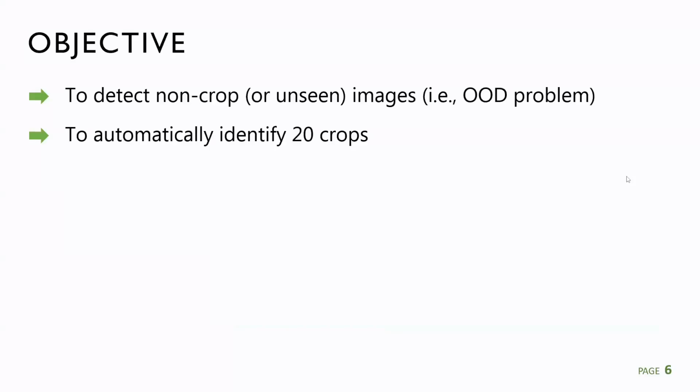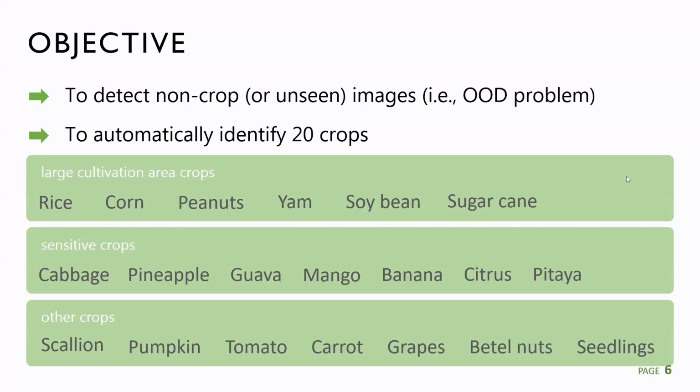Okay, so these are our objectives. You can see it's a little bit awkward that the two objectives are presented in a direction that is opposite from the introduction that I gave, but I will let you know why later. So the first objective is to solve the OOD problem, and the second is to identify 20 crops. And here are the 20 crops.